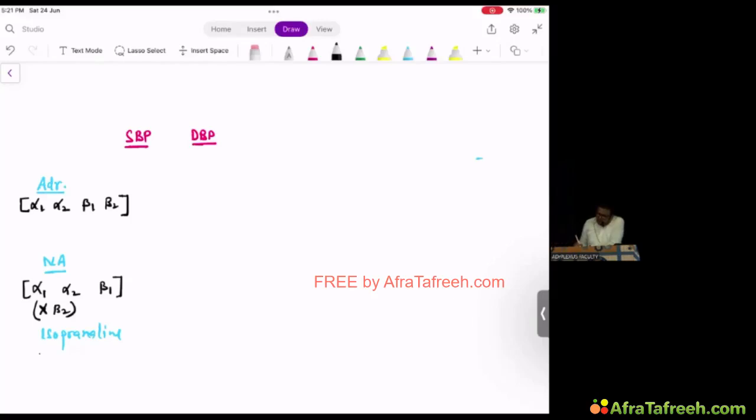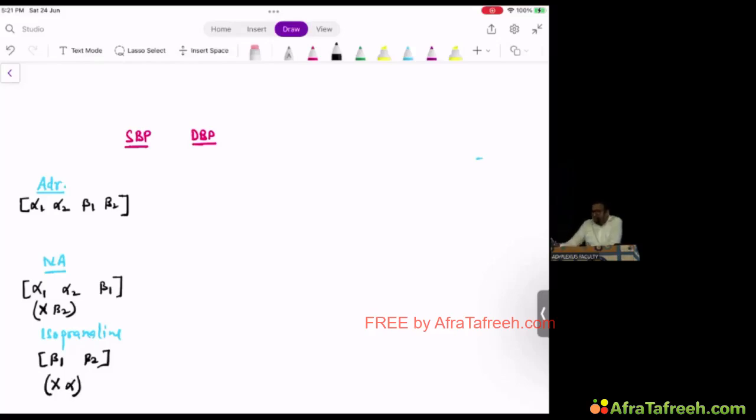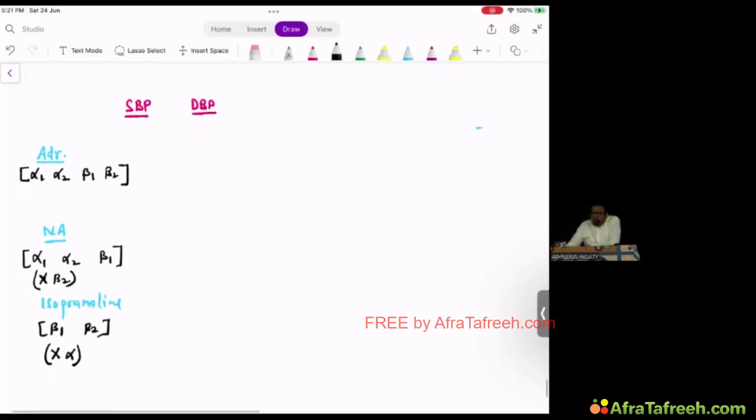Isoprenaline acts only on beta 1 and beta 2. It does not act on alpha receptors. No alpha action is there with isoprenaline. This is the difference between these three drugs. A for all, NA not all, and iso means same, so it acts only on the same receptor, beta, not on alpha.